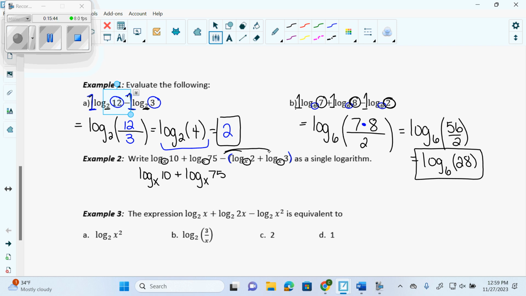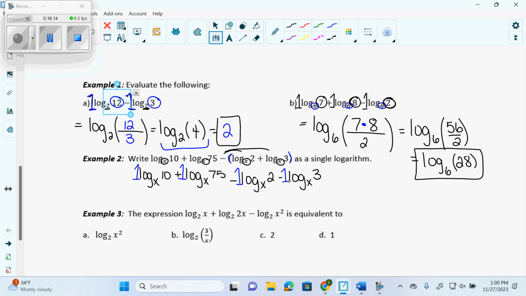So then I get minus log base x of 2 minus log base x of 3. You're distributing the minus sign through. So now I have 2 of the logs with plus ones in front and 2 of the logs with minus ones in front. So the ones with plus ones will go to the numerator and the ones with minus ones will go to the denominator, right?